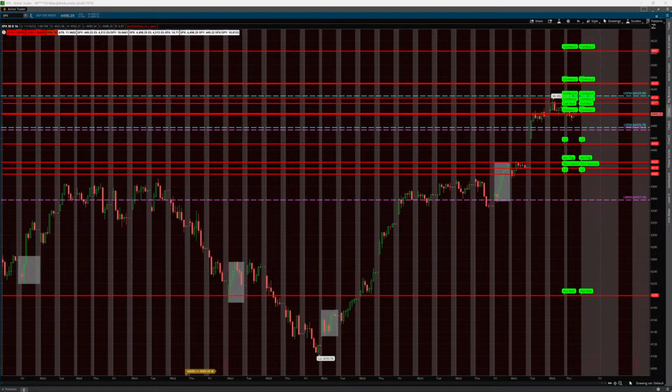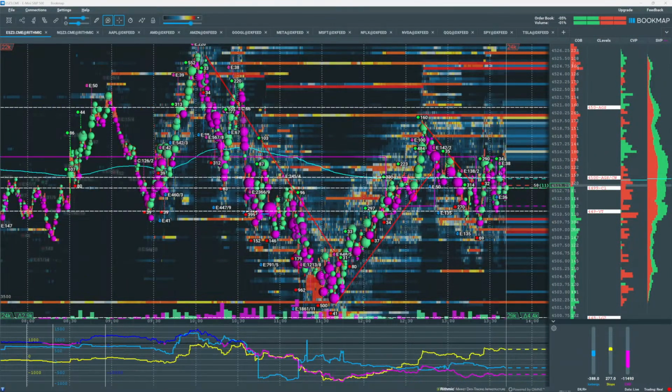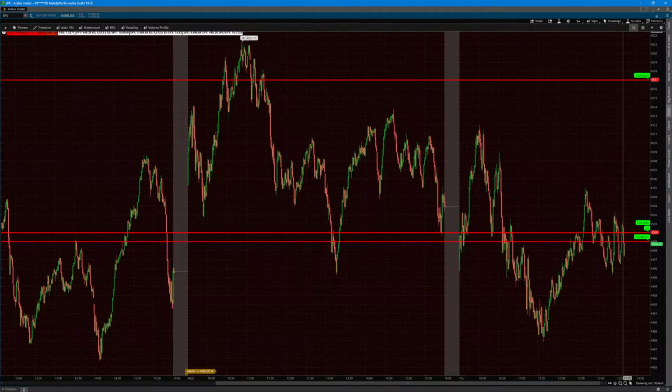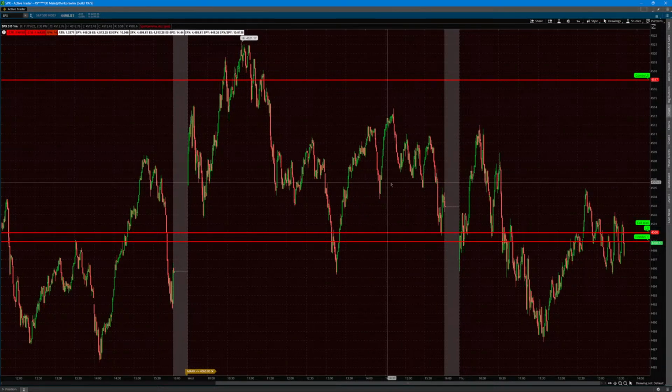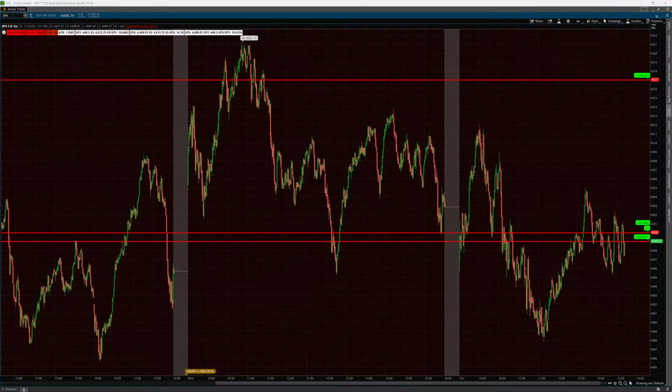Now let's take a closer look so we can see the levels in play for today. So I'm going to go to a 1-minute chart, and I'm looking at a couple of days worth of data. The dark shaded areas are the regular trading hours. So here's the call wall at 4,500, and then there's that combo level just below that at 44.99.